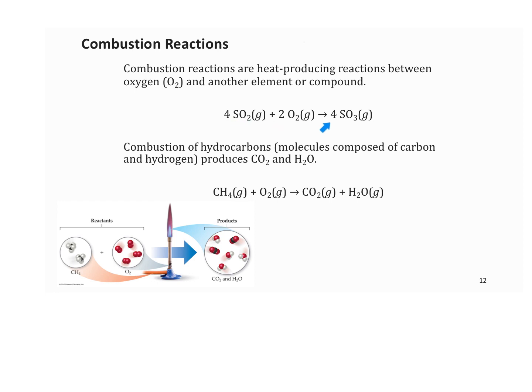What you're going to see here is sometimes you can have combustion reactions with things like sulfide, okay? But most often what we are going to be interested in is the combustion of hydrocarbons. I want to remind you, hydrocarbons are molecules composed of carbon and hydrogen, and they react with oxygen every time you see a combustion, and every time they're going to produce CO2 and water, each time.